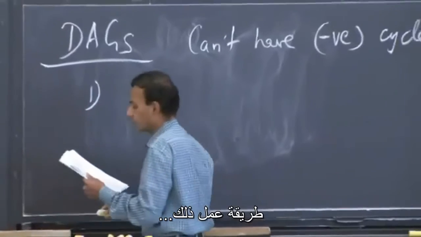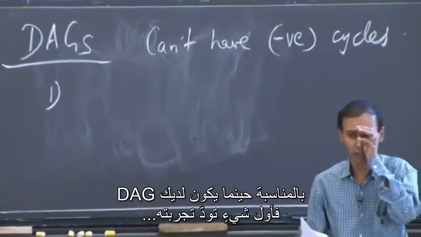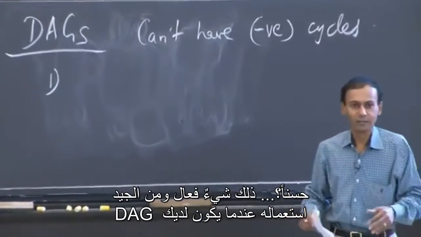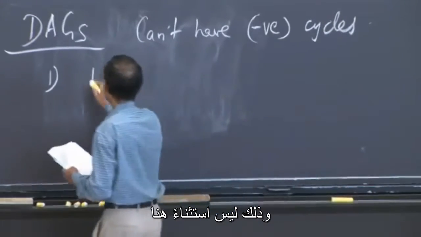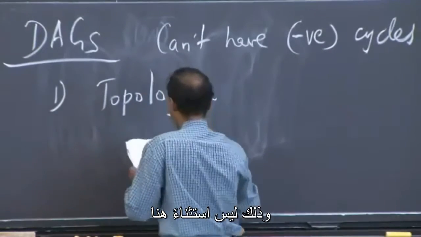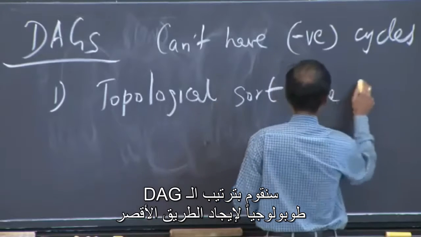the way this is going to work, whenever you have a DAG, by the way, the first thing you want to try, and this is certainly true in your problem set, when there's a question, try to topologically sort it. Okay? It's a fine hammer to use when you have a DAG. And it's not an exception here. To do shortest paths, we're going to topologically sort the DAG.